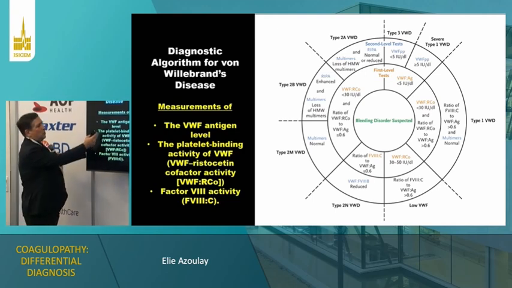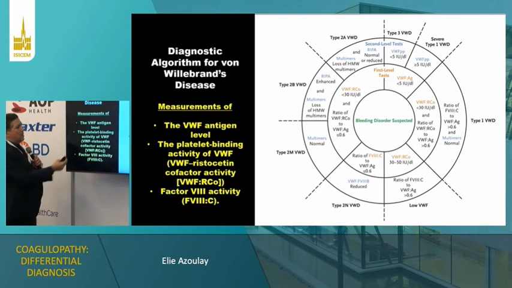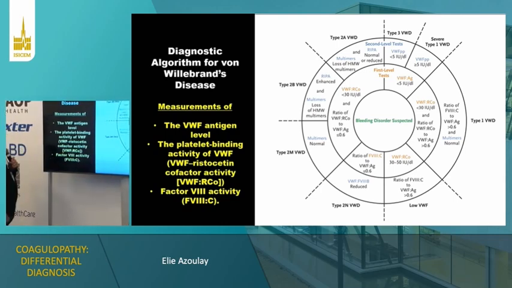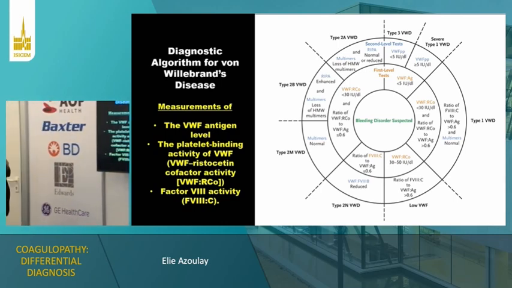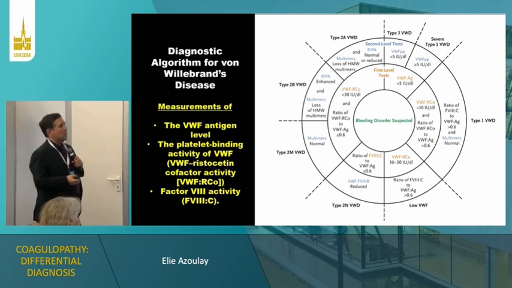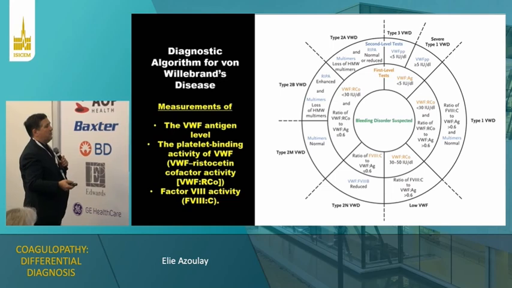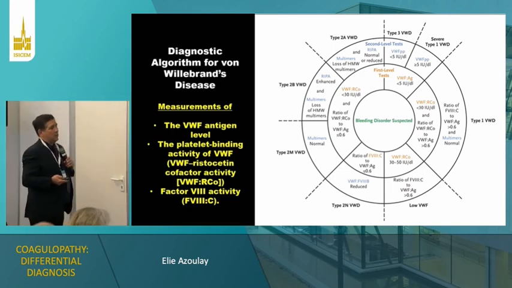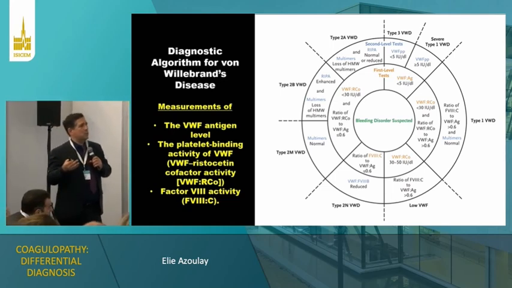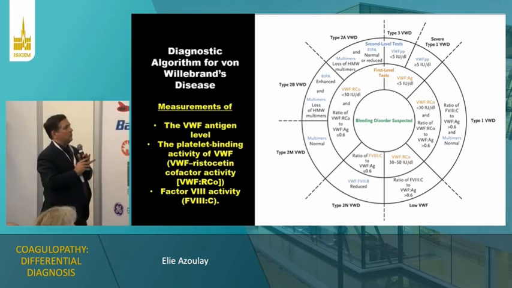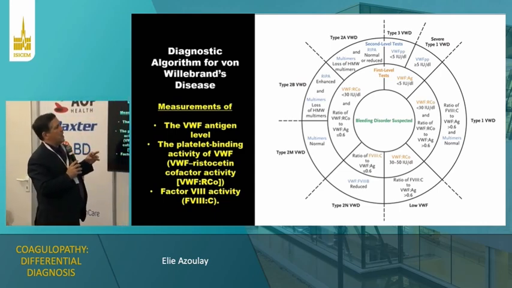We are going to know whether the platelet binding to von Willebrand is okay, so we are going to activate and measure the activity of von Willebrand factor with ristocetin, which is called von Willebrand factor RCo. And the other thing, we are going to measure factor 8 activity, because hemophilia is always possible, even though it's not something that we are diagnosing in adult patients.